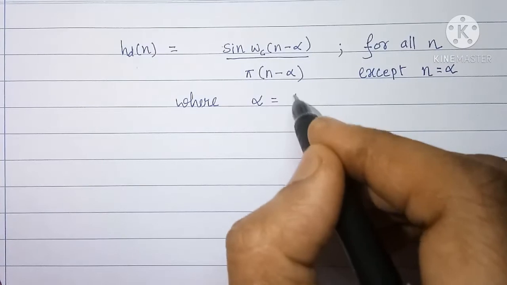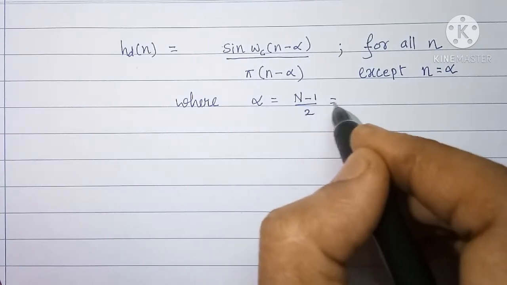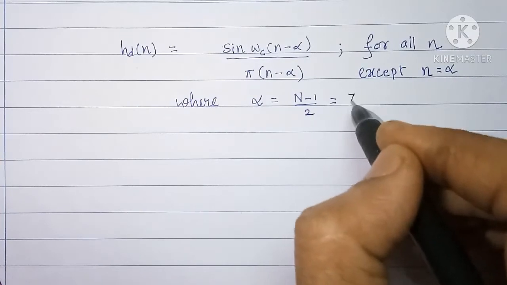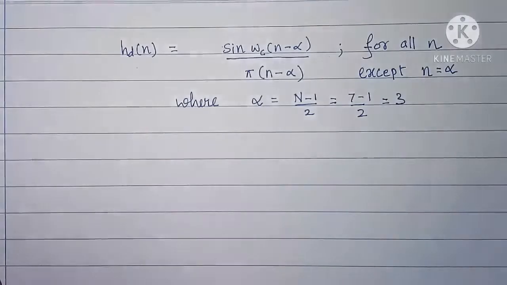Where alpha is equal to N minus 1 by 2, that is 7 minus 1 by 2 equal to 3.